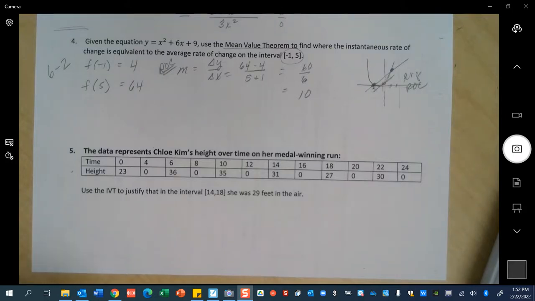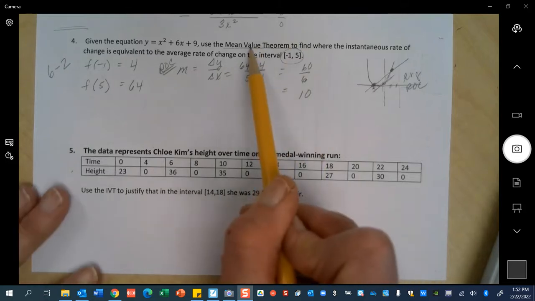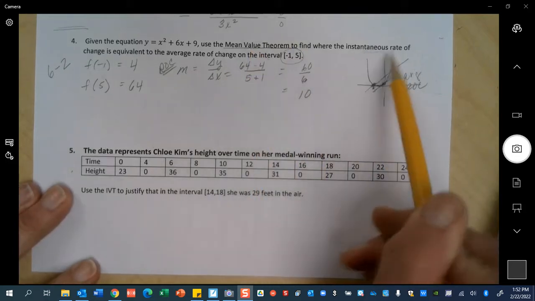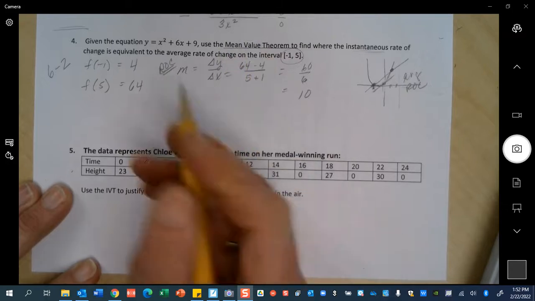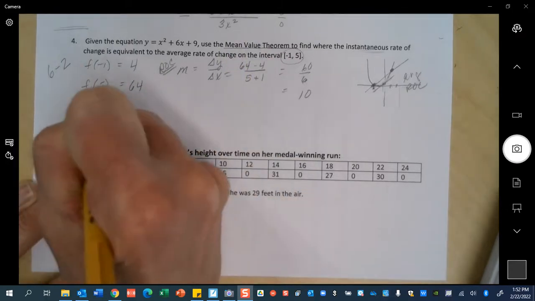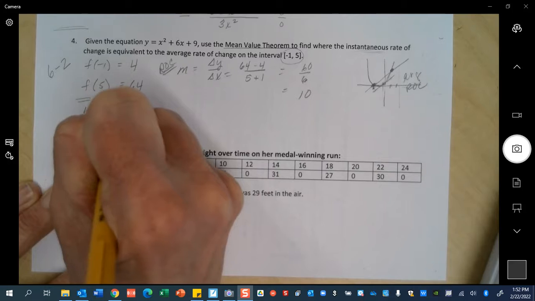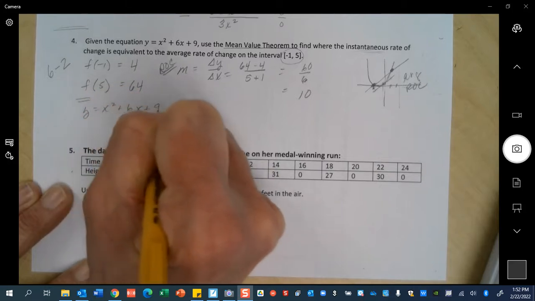What we know now because of the mean value theorem, I want to know where is the instantaneous rate of change equal to that. So what I'm going to do is take my function, y is equal to x squared plus 6x plus 9.